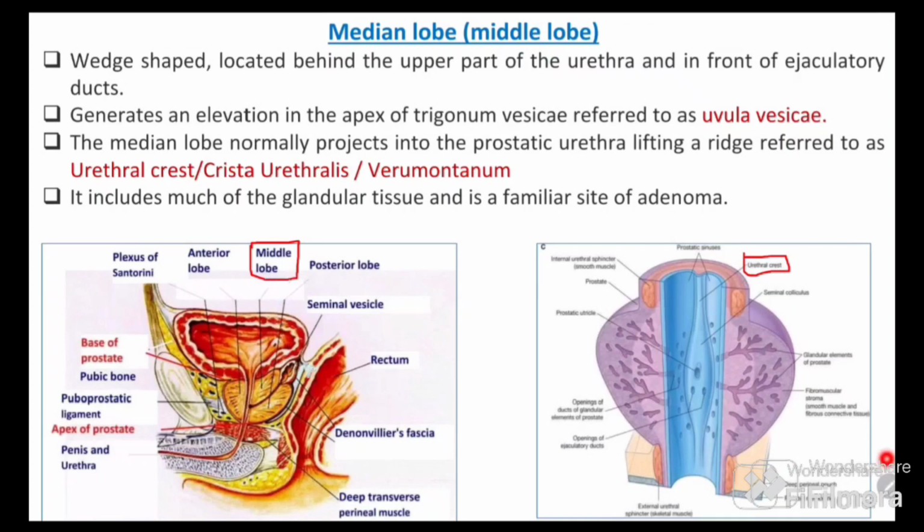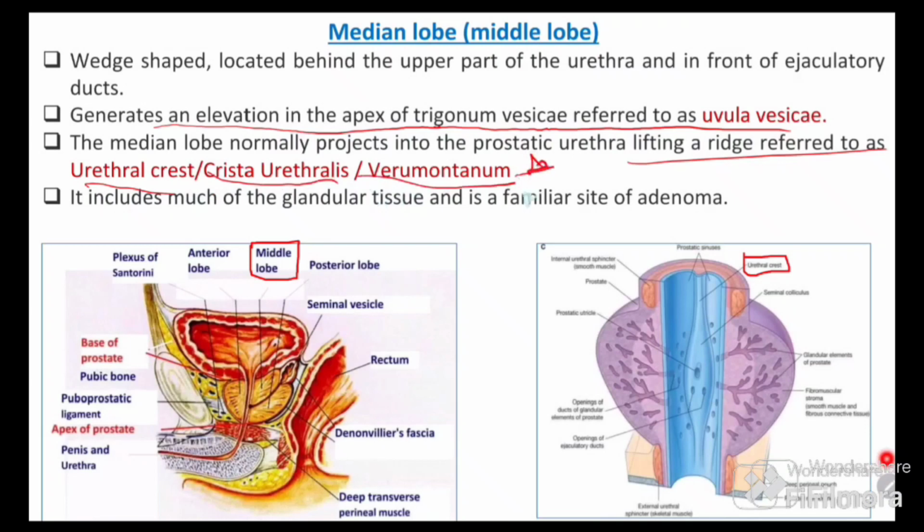You can see that the median lobe projects into the posterior aspect of the urinary bladder and creates an eminence at the apex of the trigonum vesicae, known as the uvula vesicae. Again, the median lobe projects into the urinary bladder and creates a ridge-like structure, known as the urethral crest, crista urethralis or verumontanum.